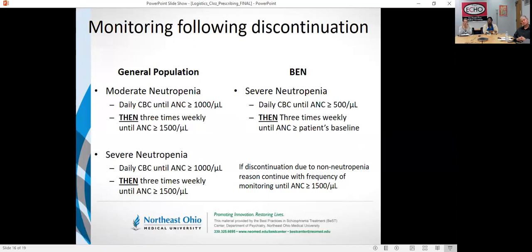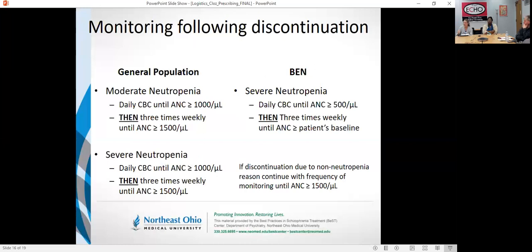Now, if the patient stops the clozapine due to another reason, so maybe it's another side effect, maybe they're non-adherent, maybe they ran out of medication, it is recommended we continue to check with what their previous monitoring frequency had been, so that we do at least one more blood draw to ensure that their ANC values are normal, so above either the 1,500 mark or the 1,000 mark.